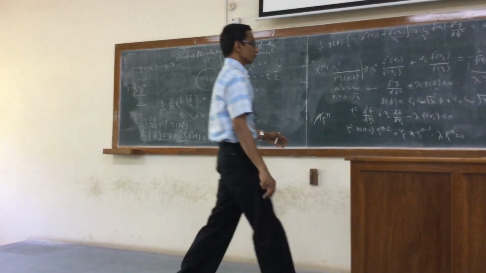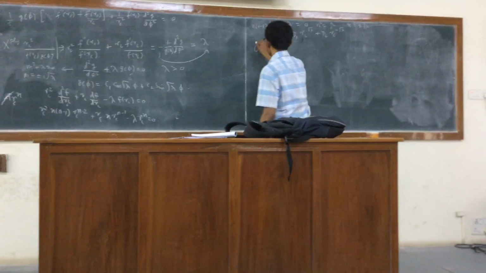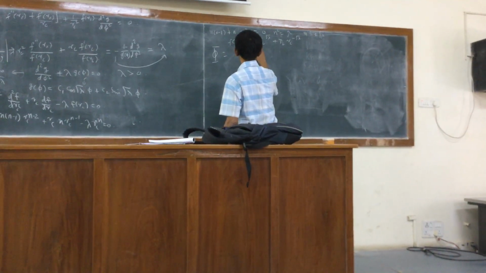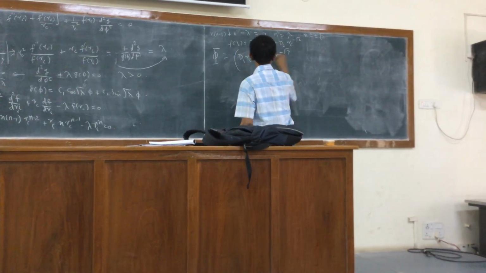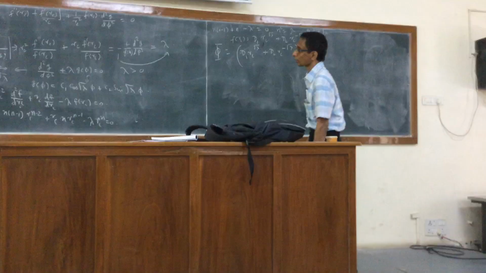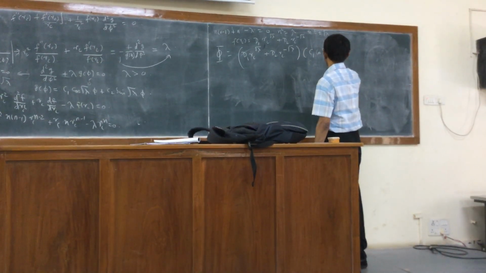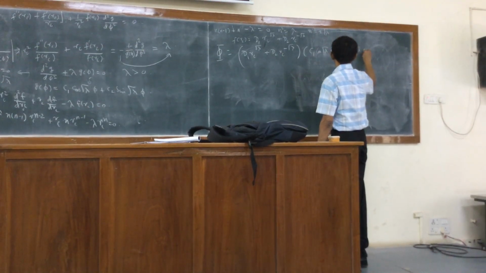Now the solution itself can be written as d1 Rc to the root lambda plus d2 Rc to the minus root lambda, times c1 cos root lambda phi plus c2 sin root lambda phi.